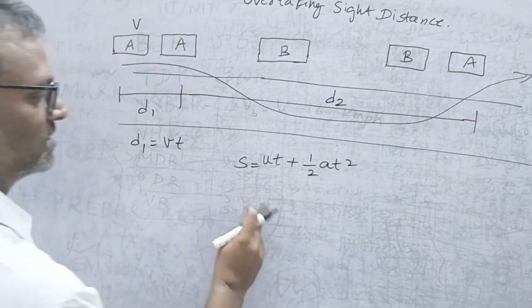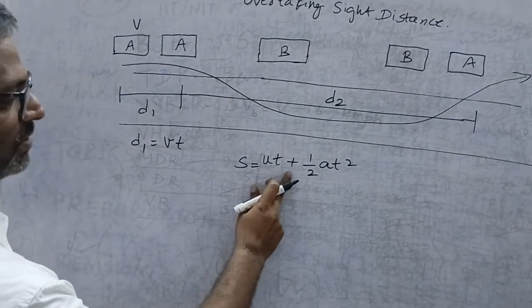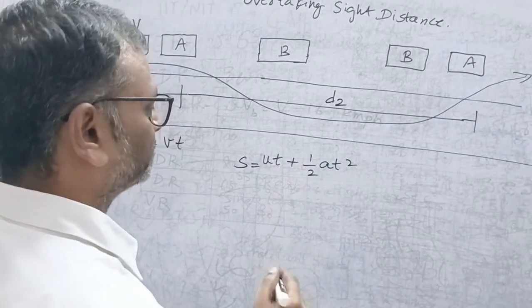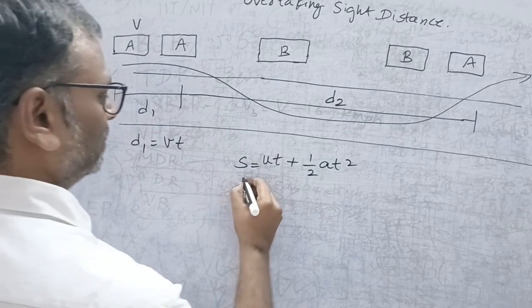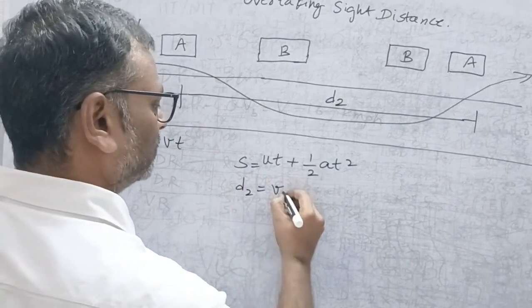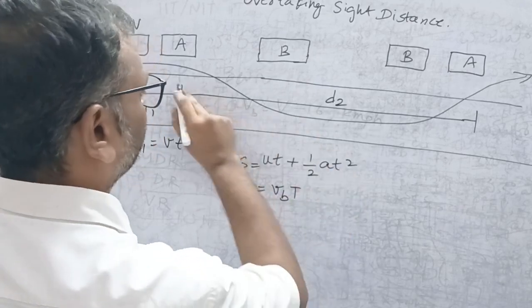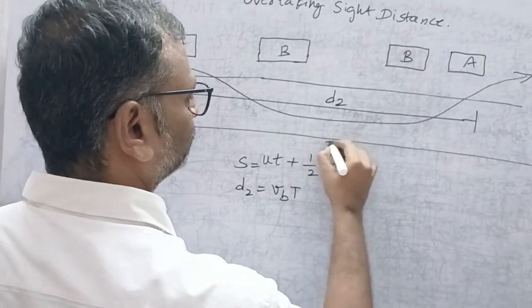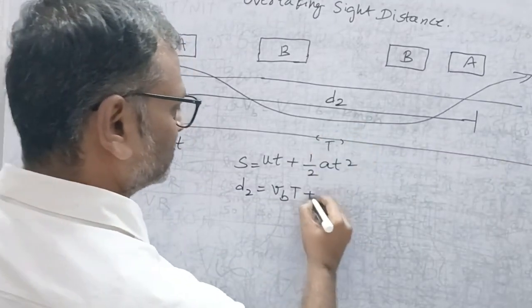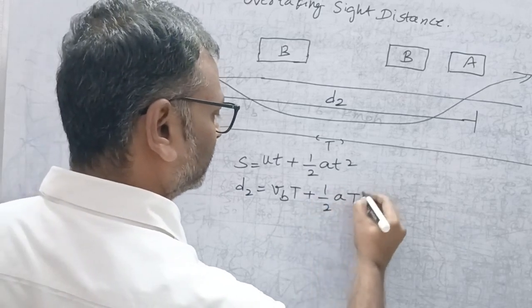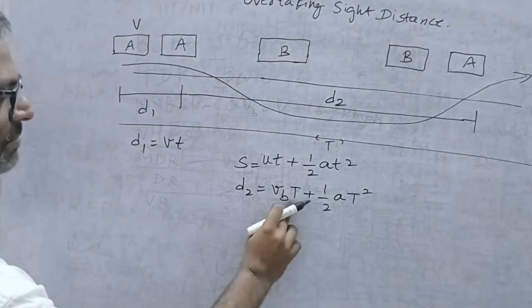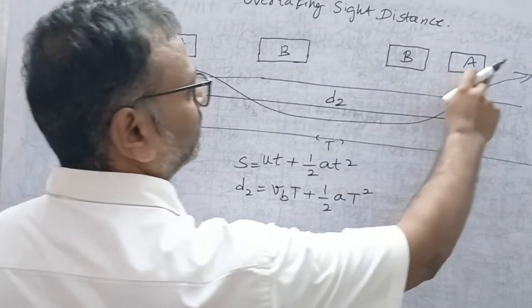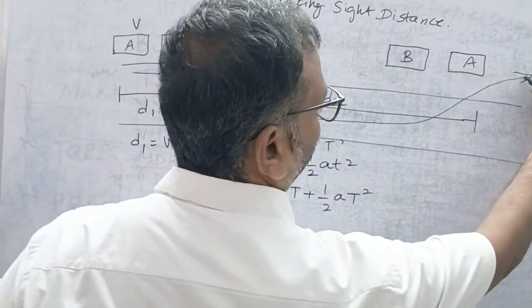So the distance traveled is initial speed into time plus half of acceleration into square of time. Now in this situation, d2 is equal to vb into t, suppose the time is t during this time, plus half a t square. If this capital T is the time taken for this vehicle to overtake and again join that lane.